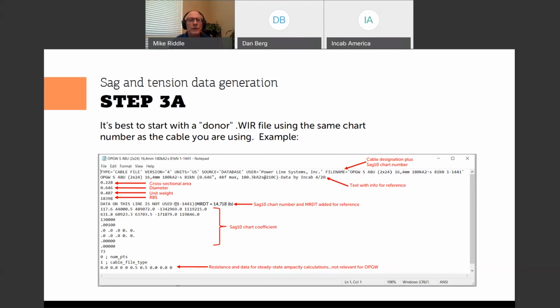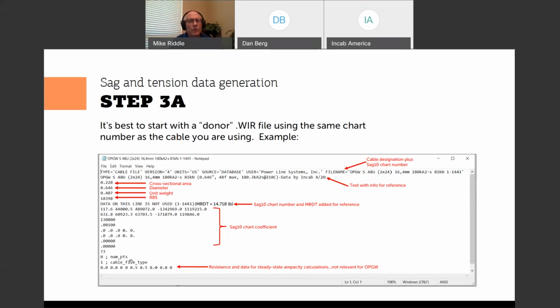I always put in the sag tension chart number, and I always put in the maximum rated design tension. Those are there just for your reference so that you know that what follows is chart number 1-1441. These numbers are sag-10 chart coefficients. And we'll talk about exactly what they are on the next slide.